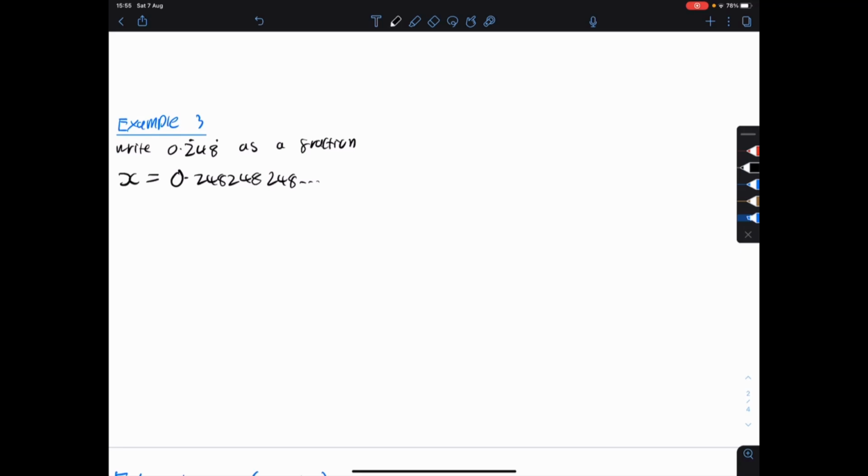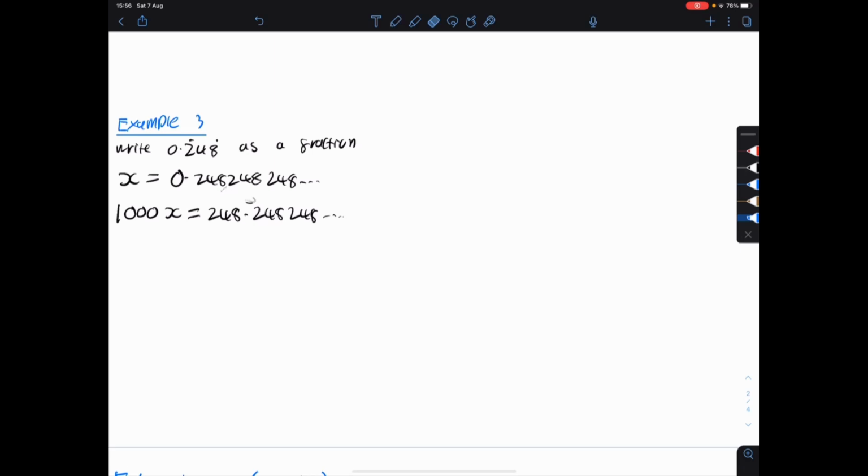So in this case, we need to times by 1000 and get 1000x equals 248.248248, so on and so forth, matching up those decimals so we can cancel them out.